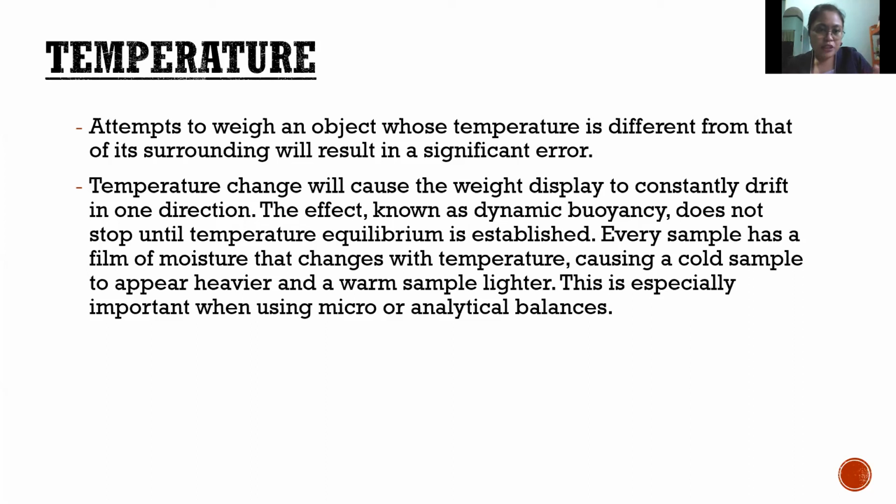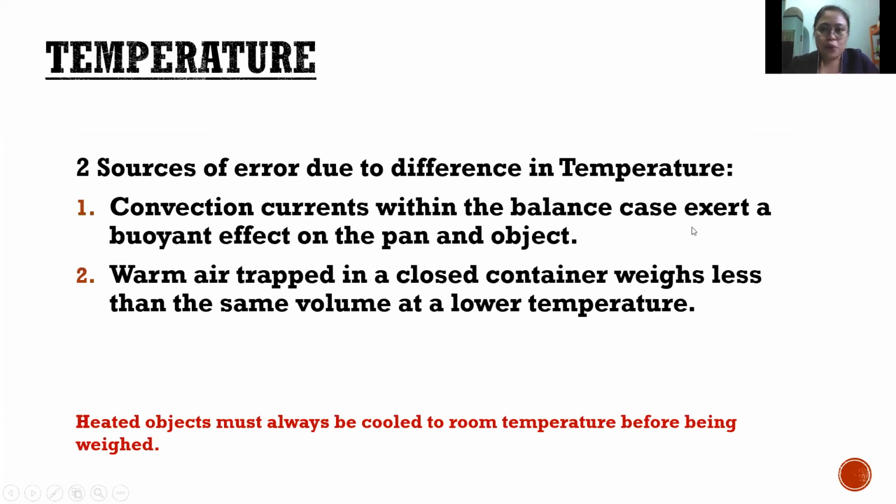So, in cold temperature, the substance will appear heavier, while in warm temperature, it will become lighter. That is the effect of temperature because of the movement of the film of moisture as the temperature changes.